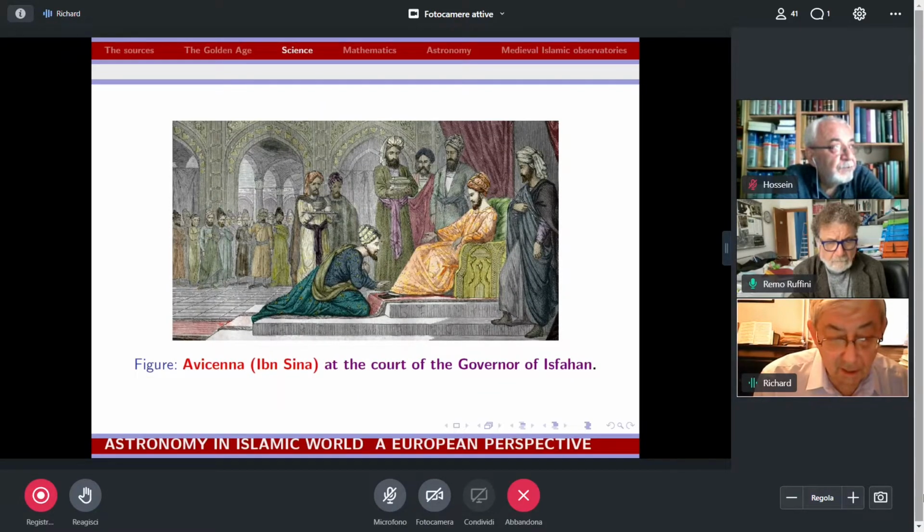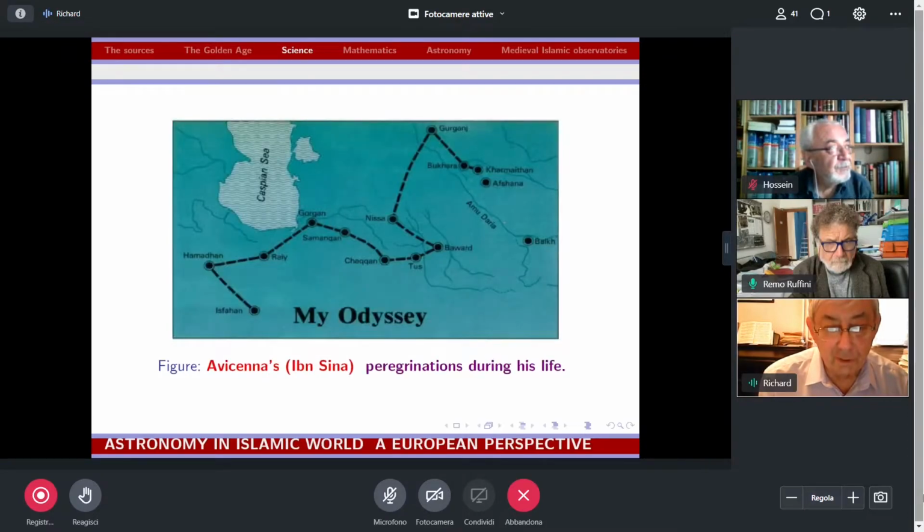And it's interesting to know that political turmoil was very characteristic of these times. For example, Avicenna finished his days in Isfahan, and here he is shown at the court of the governor of Isfahan when he came after a fantastic peregrination.